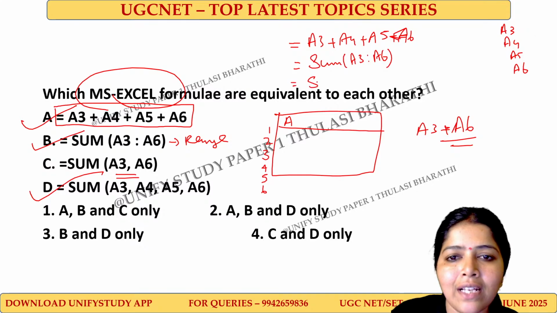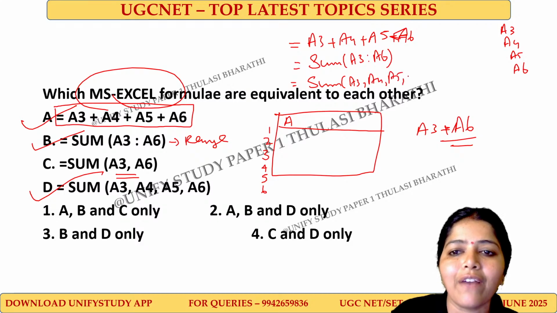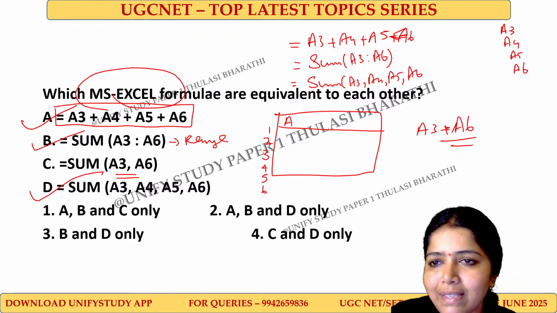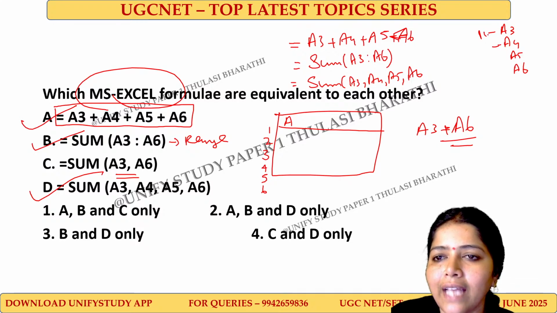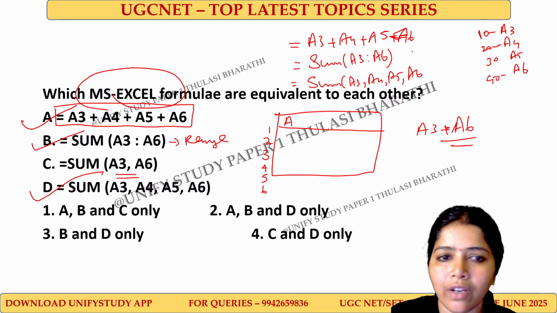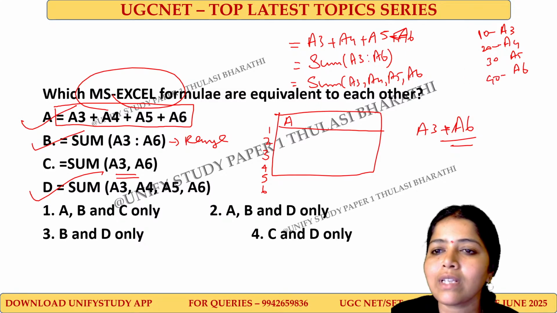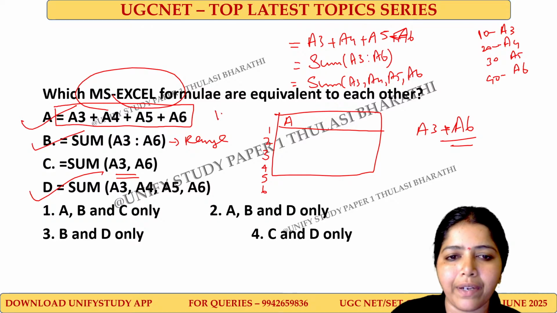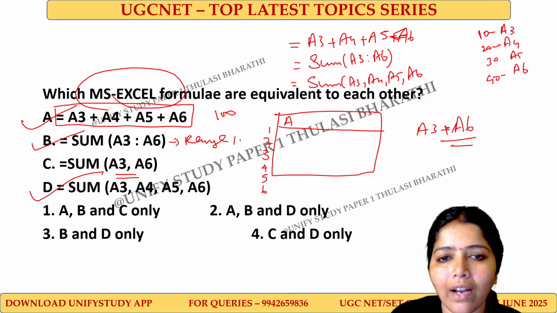And if I add SUM of A3, comma A4, comma A5, comma A6, these values. Say for example, I will give 10, 20, 30, 40 as the values here. So for the first one, we will be getting 100 printed. Similarly, for the second one, 100 will be printed.